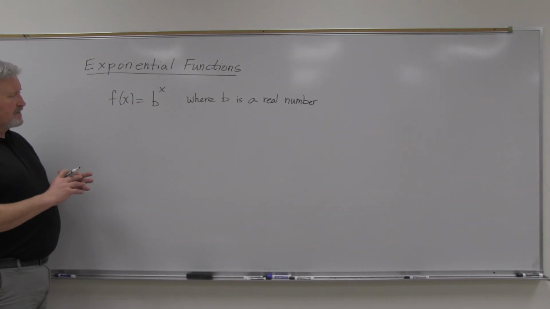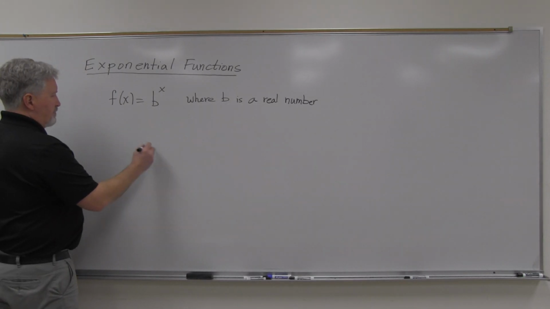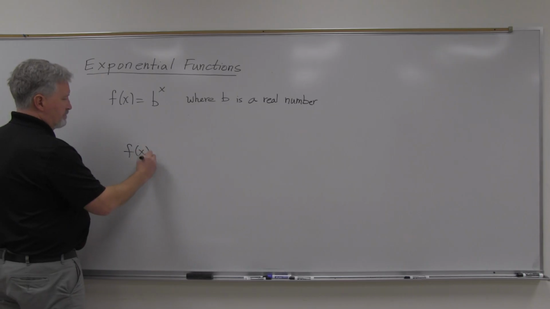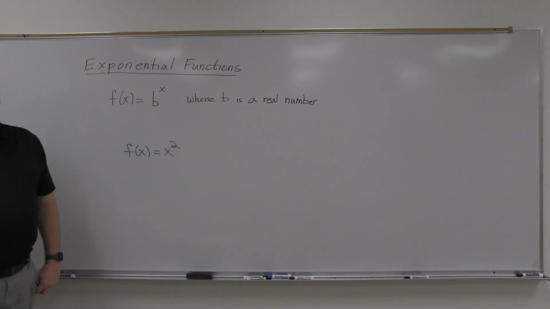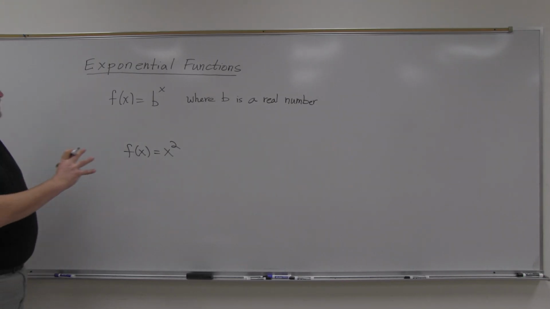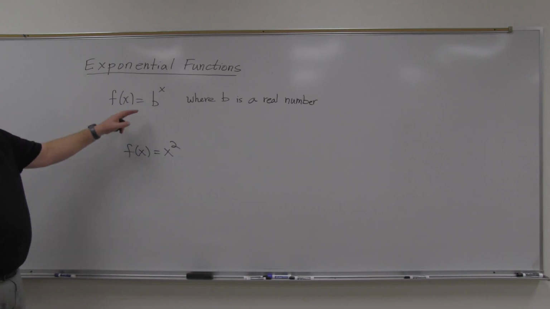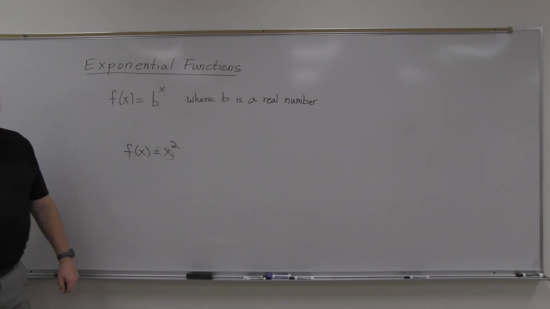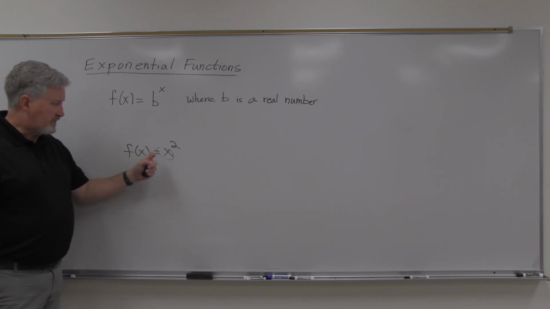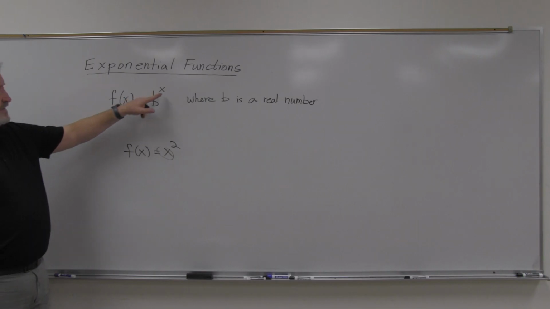One of the basic functions we had previously was the squaring, the quadratic x squared, the parabola. So the key difference between that and what we're talking about now is notice where the x is. Instead of being the number that we square, or doing the operation to, the x is the power.